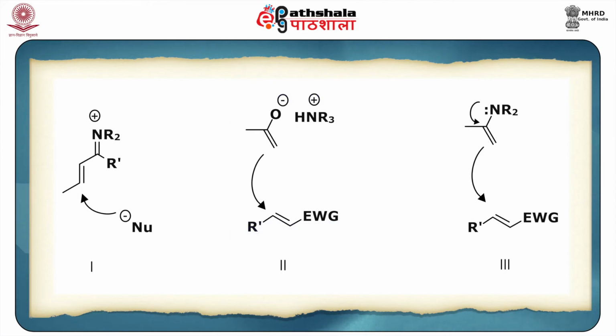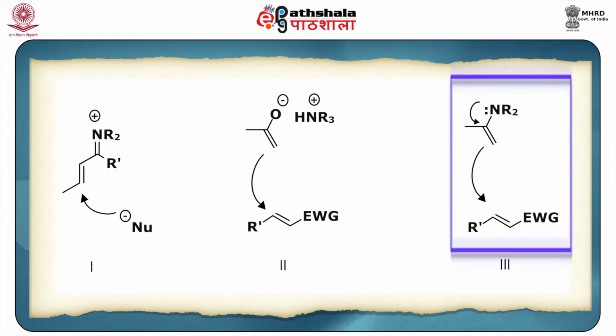So, you can clearly see here, now it is the enolate which will be attacking the Michael acceptor. In the third plausible mechanism, it is the activation of ketone donors through the formation of an enamine intermediate, as shown in this third structure.